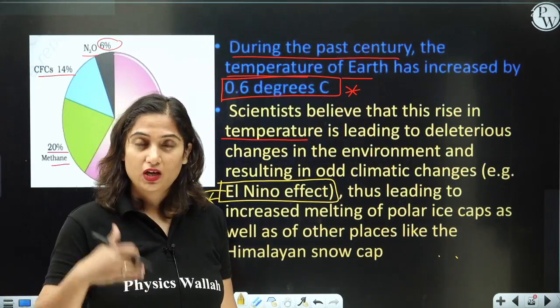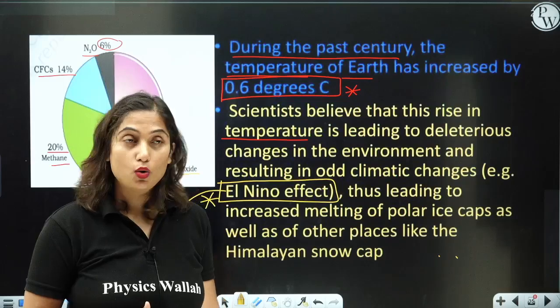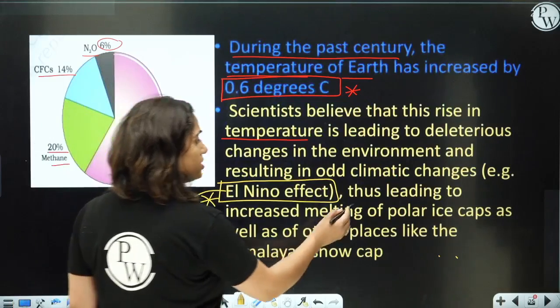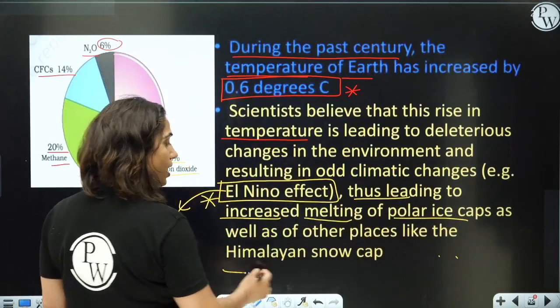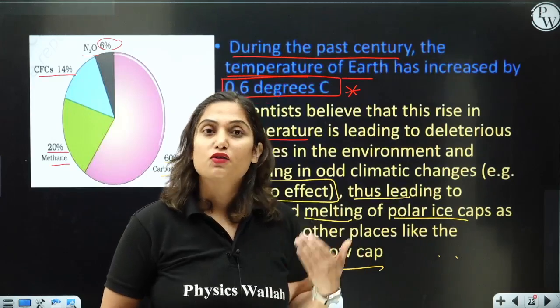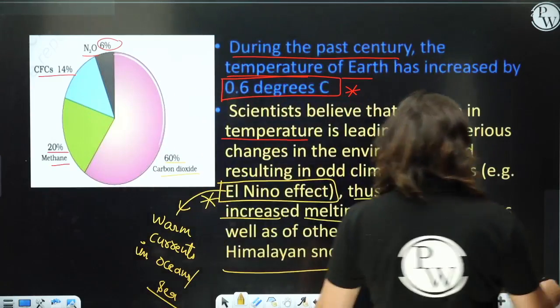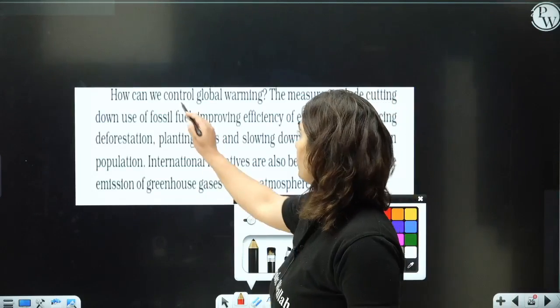So the climate of India is very much affected by the El Nino effect. You can see that this is leading to increased melting of polar ice caps and the Himalayan snow cap. Okay, this is leading to the melting of glaciers, which is not good. Now, how can we control global warming? What are the methods?